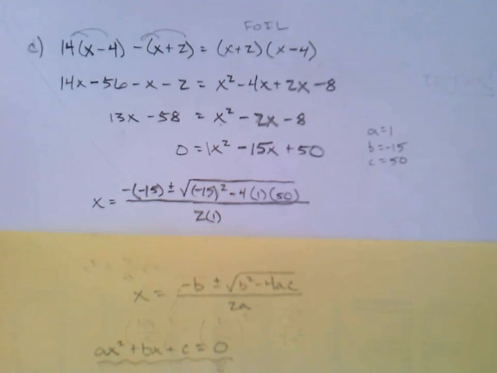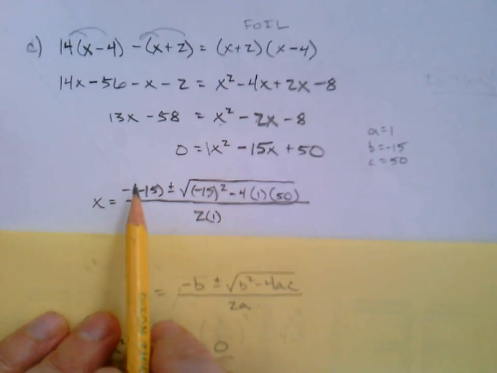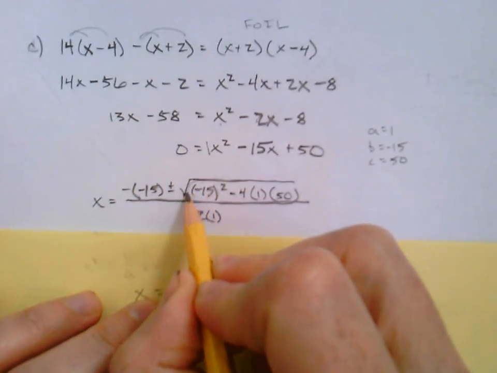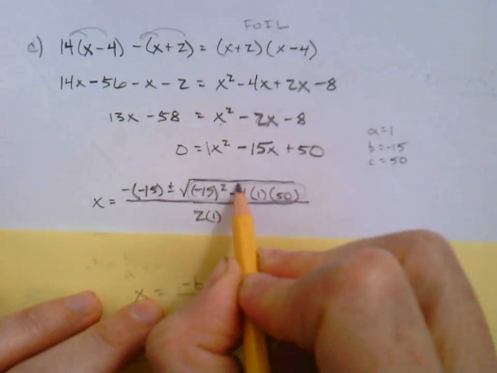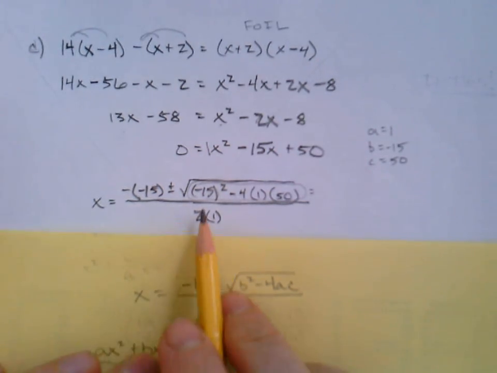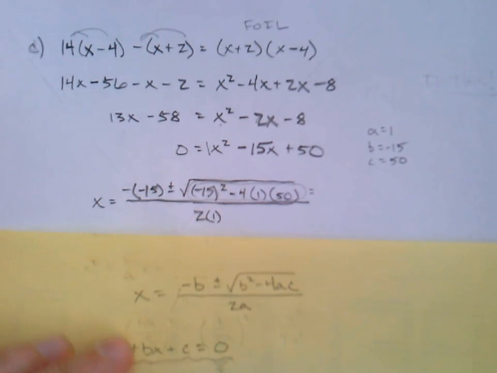Okay, now a couple things. We can do that negative, those cancel, 2 times 1, no problem. Let's also compute what's inside that square root. What is inside that square root? Do the whole thing.